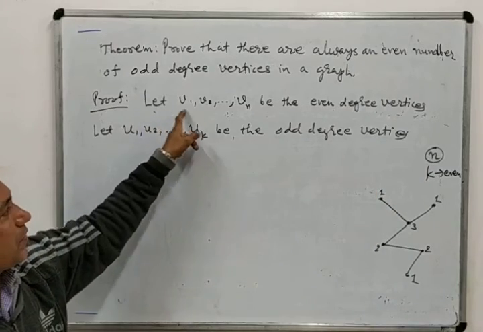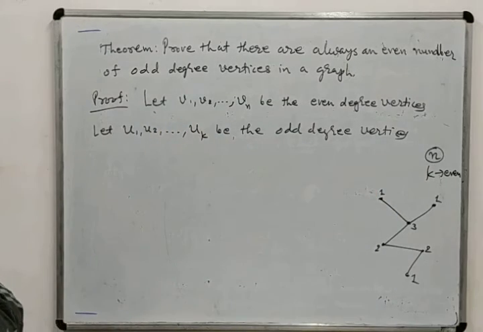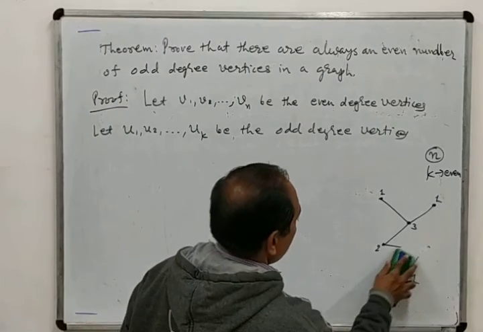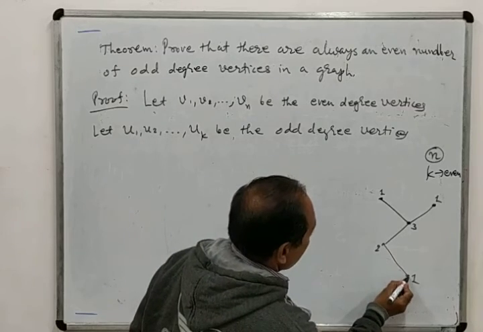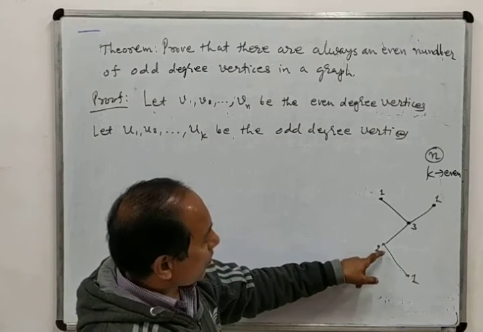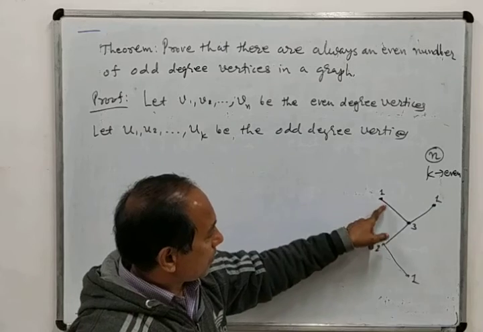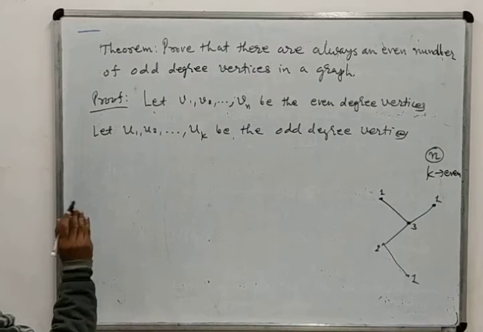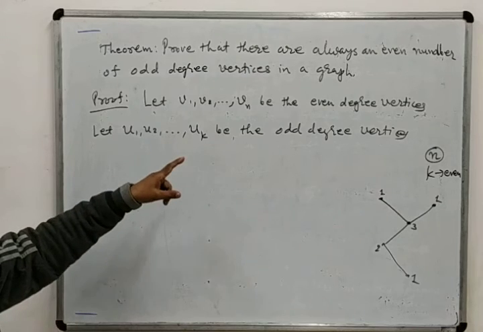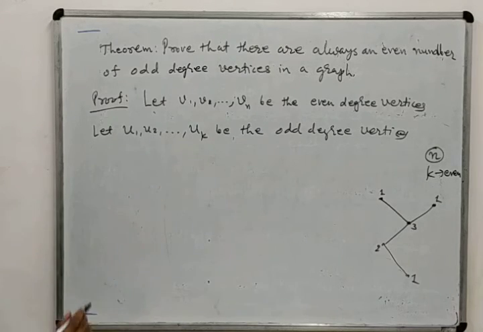That means the number of even degree vertices may be odd or even. Okay. So now see, suppose in this graph I remove these edges and just join this. So you can see that there is only one even degree vertex, but the number of odd degree vertices is always even. Okay. So here I have assumed n even degree vertices and k odd degree vertices.